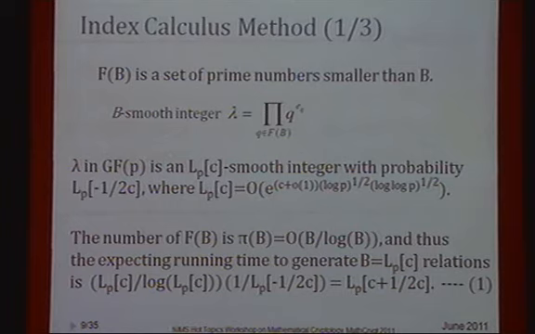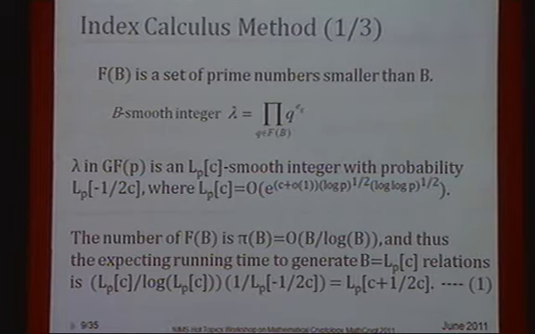Then we call an integer lambda B-smooth when lambda has a prime decomposition of primes q contained in the factor base F_p, smaller than the bound B. Okay, so we don't care about the exponent here.